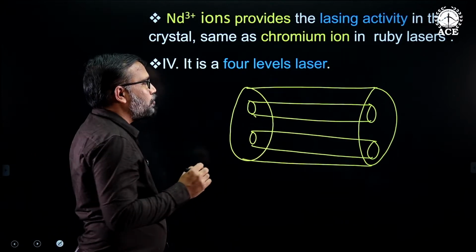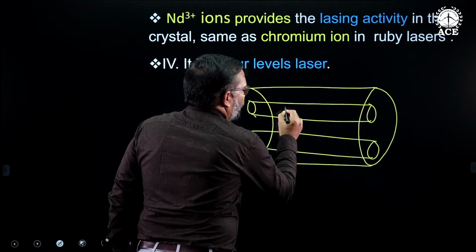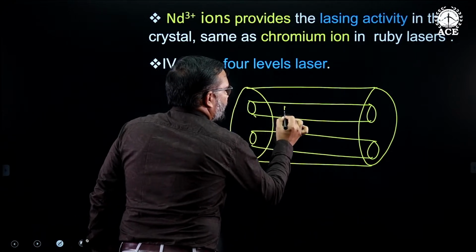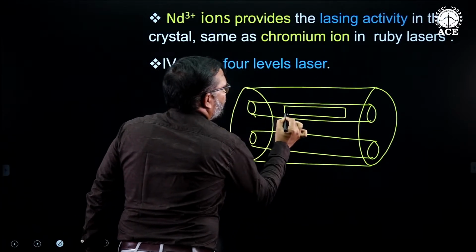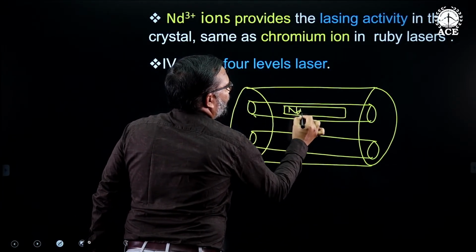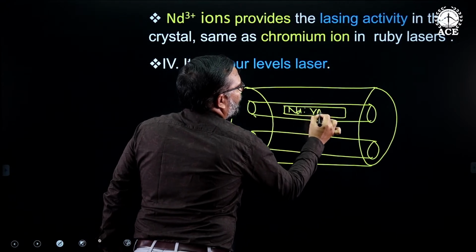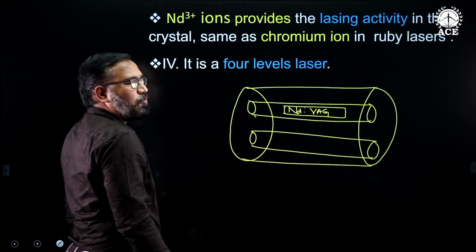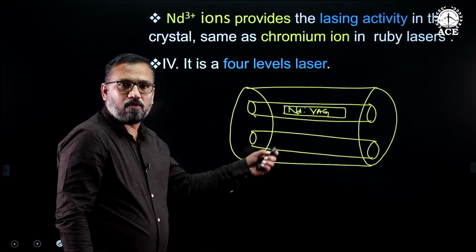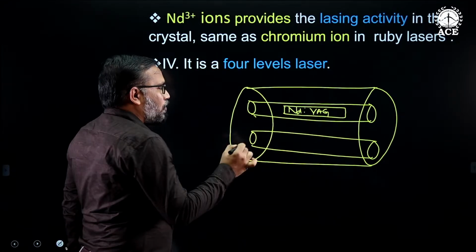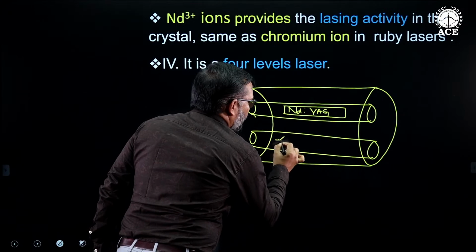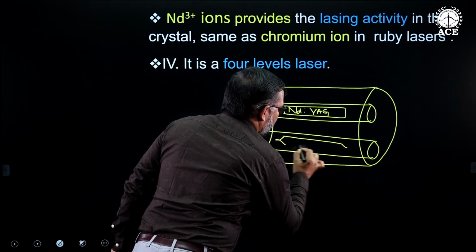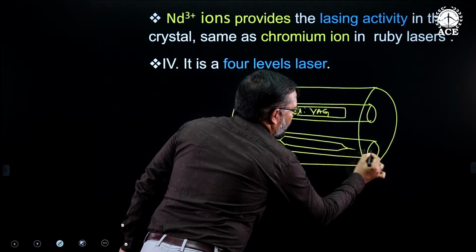Now what am I going to do? In one focal length, I am placing this NdYAG rod. Next, in another focal length, I am placing a flash lamp.